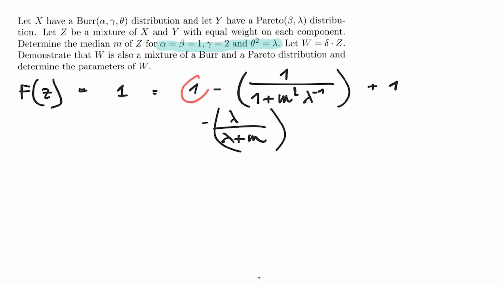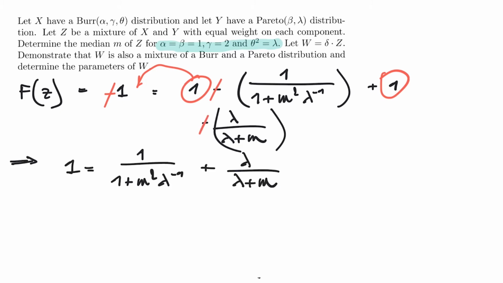Here we have 2. So we can bring them to the other side and we get minus 1 here. And here we have minuses, so we can multiply everything with minus 1 to get rid of them, which results in the following expression. Now we need to find an expression for m. So in the first step, we'll convert everything to the same denominator.